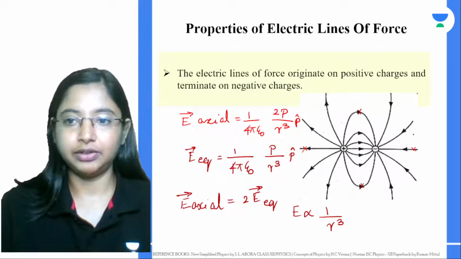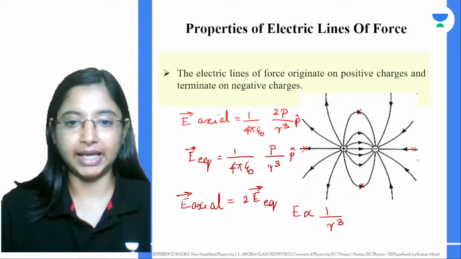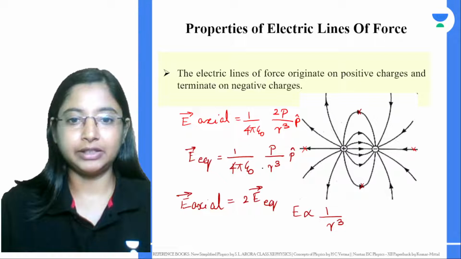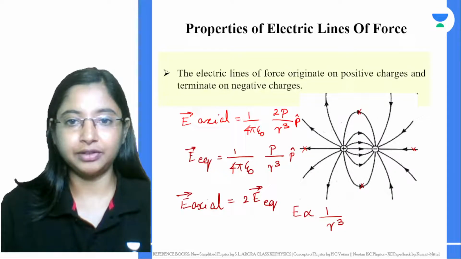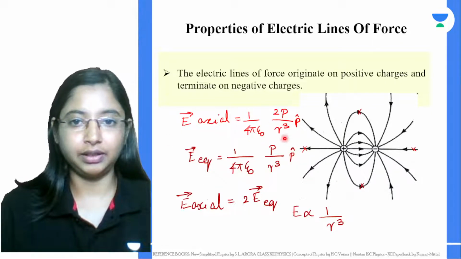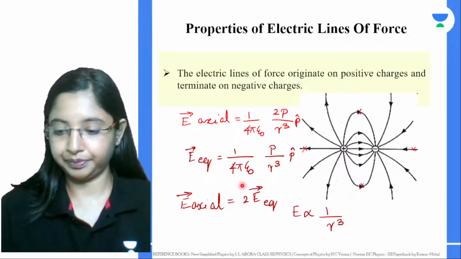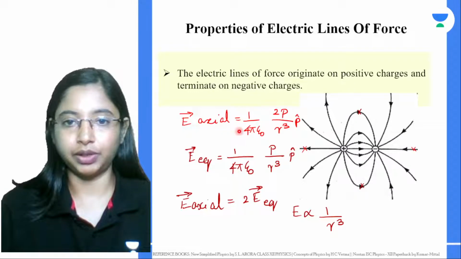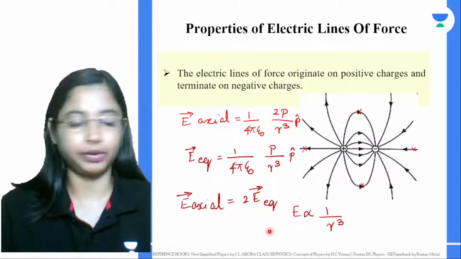So the strength of the electric field on the axial is twice that on the equatorial. You can write it as E axial equals 2 into the electric field intensity at the equatorial.